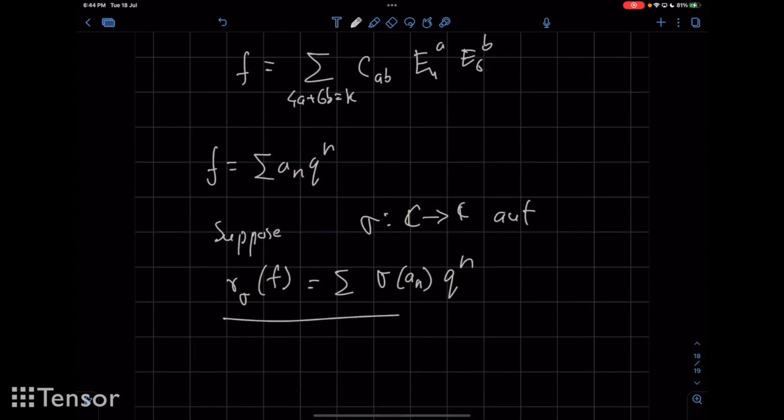Now, is it a modular form? At first glance, it looks impossible because sigma is any field automorphism, and we are claiming that any field automorphism actually preserves our modular form.